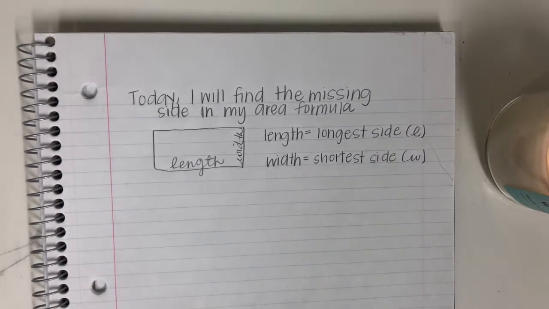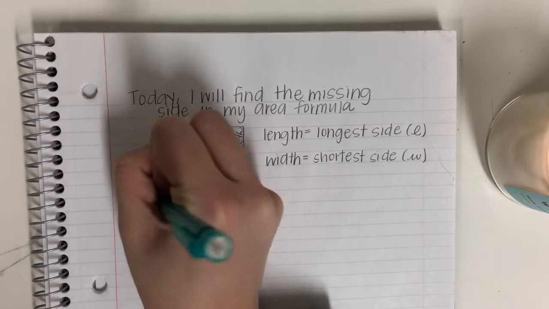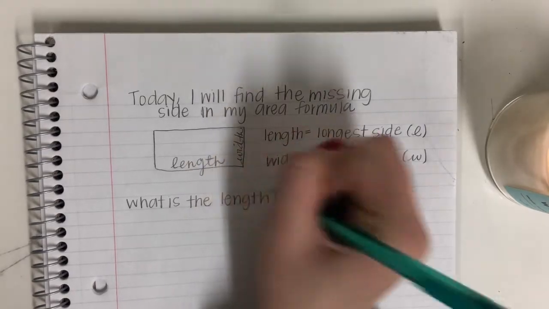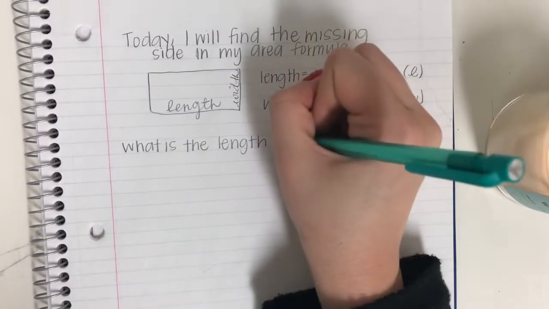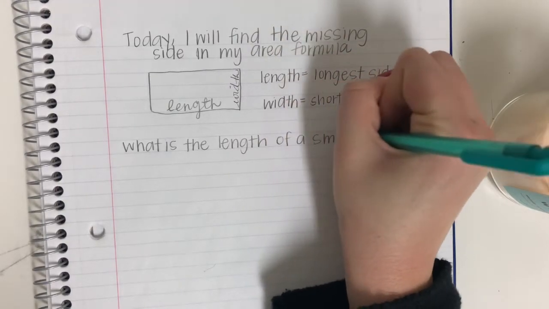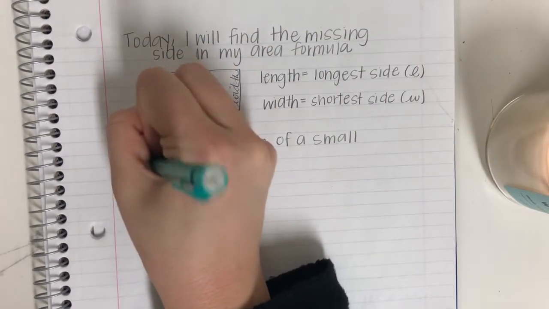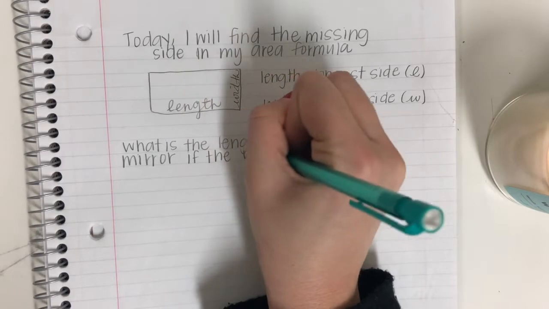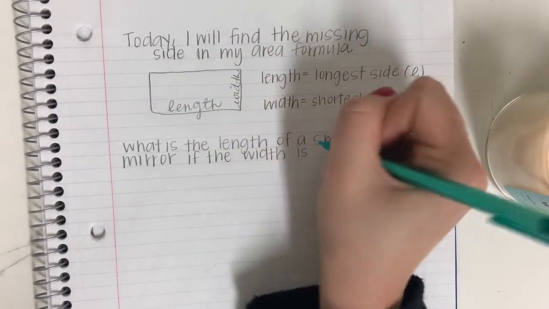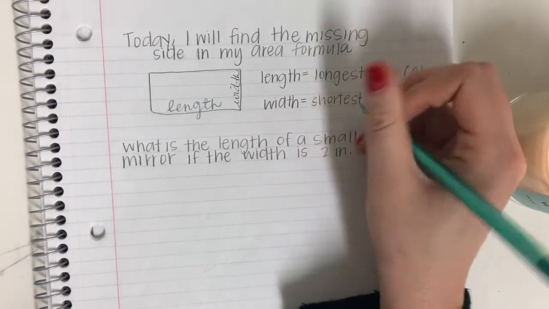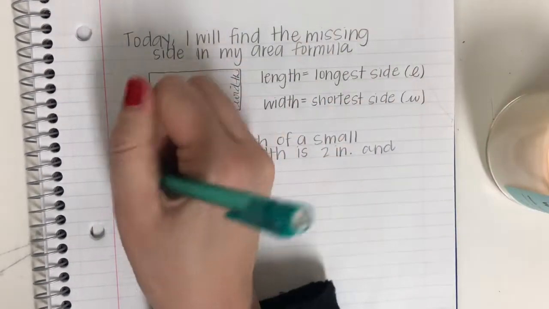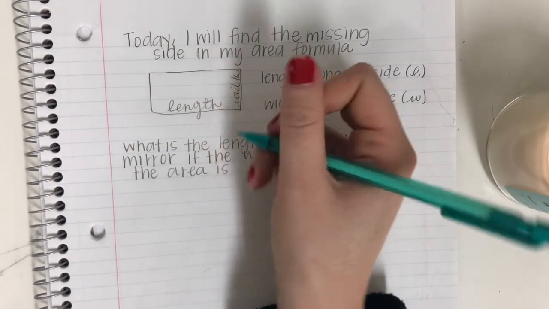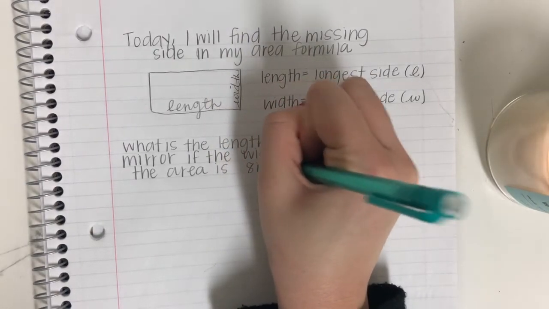Okay, so write this with me. What is the length of a small mirror if the width is 2 inches and the area is 8 inches squared?